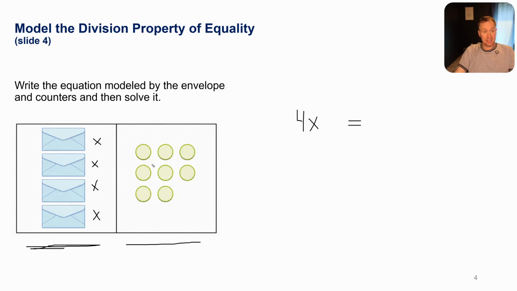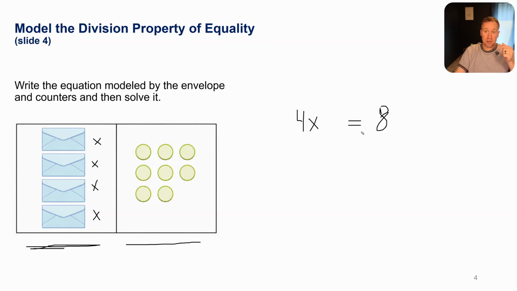And then on the right side, we have our counters, which if I count them, we have 1, 2, 3, 4, 5, 6, 7, 8 in total. What we're really trying to solve is how many equal counters go in each of these envelopes. So now we have the equation 4x equals 8. This equation is showing multiplication, 4 times x equals 8.